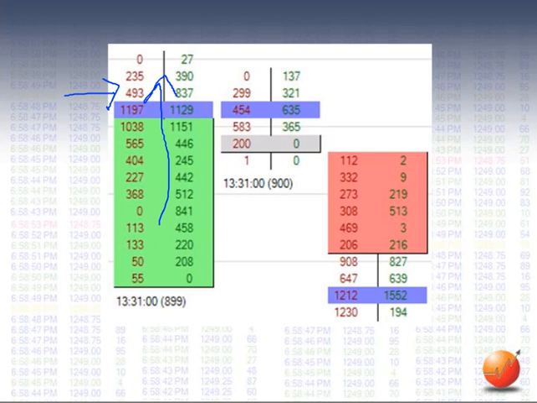You see responsive selling. Then we see kind of another pattern of responsive selling. What would you consider that to be if you were looking at any other chart? Double top? Anybody ever heard of that?